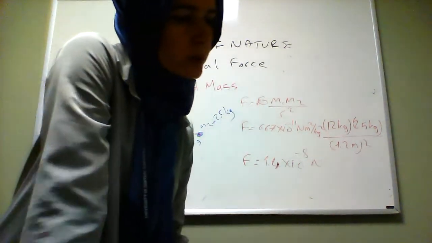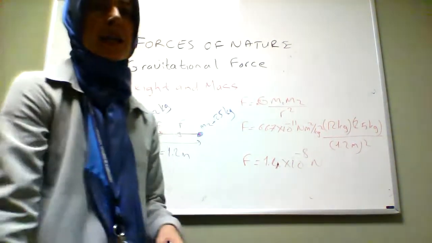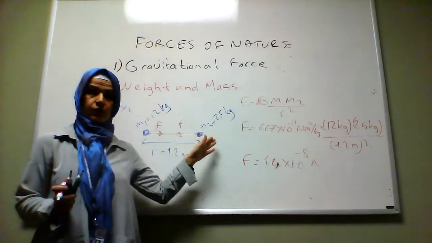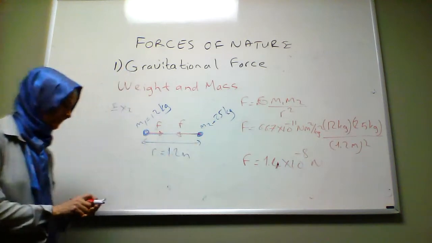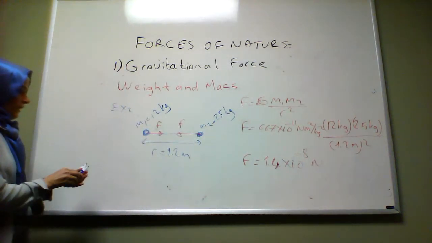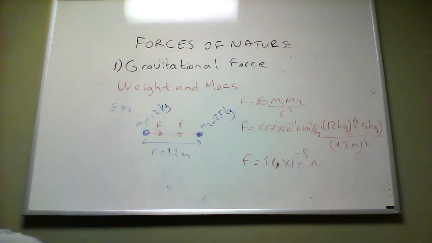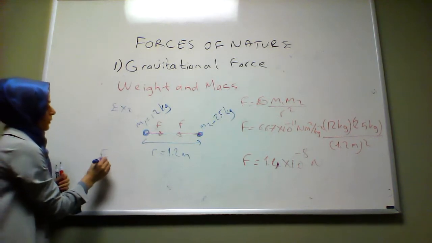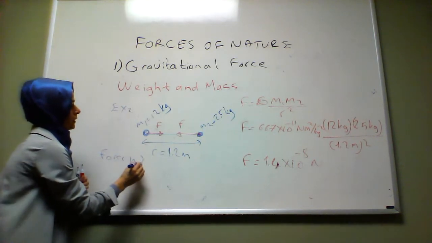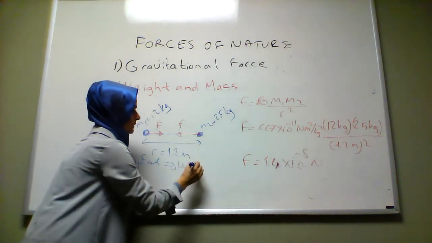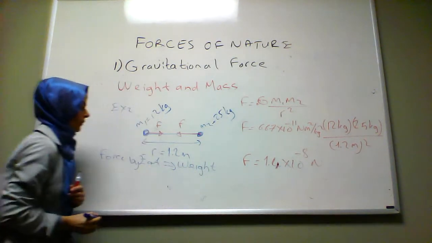Very, very small force. Now let's see what is the force exerted on these two objects by the Earth, which will be their weight, mg. So if I look at the force by Earth on these objects, which is weight, gravitational force by Earth.